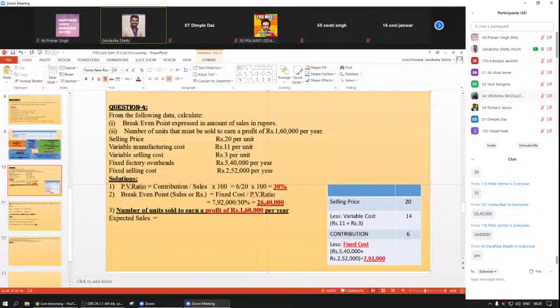Expected sale is equal to, tell me, fixed cost plus expected profit divided by, can anybody tell me divided by क्या होता है? Please tell me, divided by.